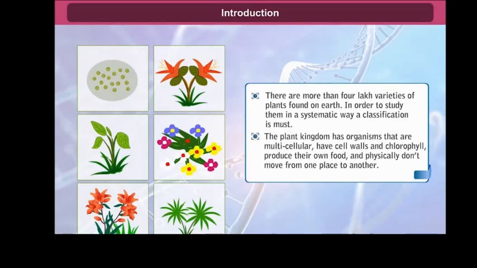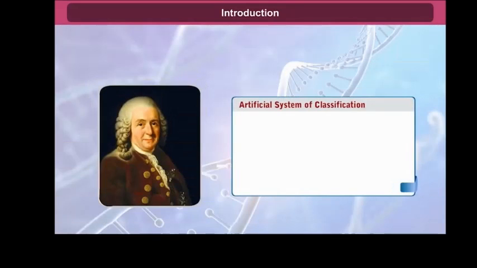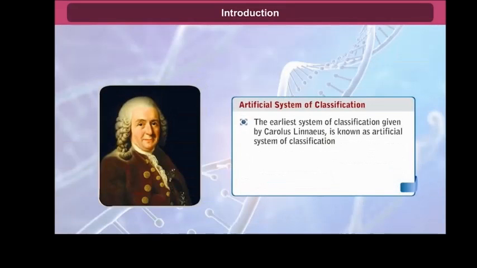Multicellular, have cell walls and chlorophyll, produce their own food, and physically don't move from one place to another. The earliest system of classification given by Carolus Linnaeus is known as artificial system of classification.